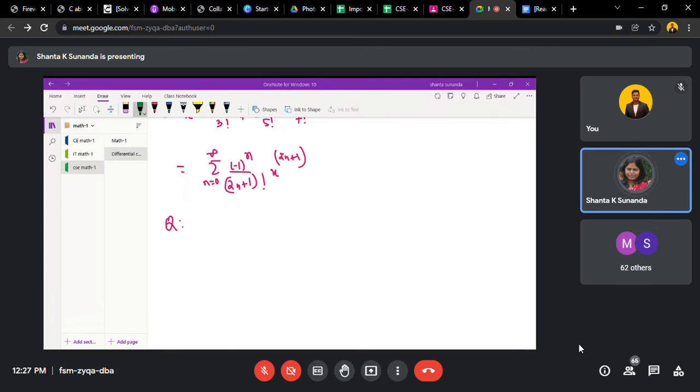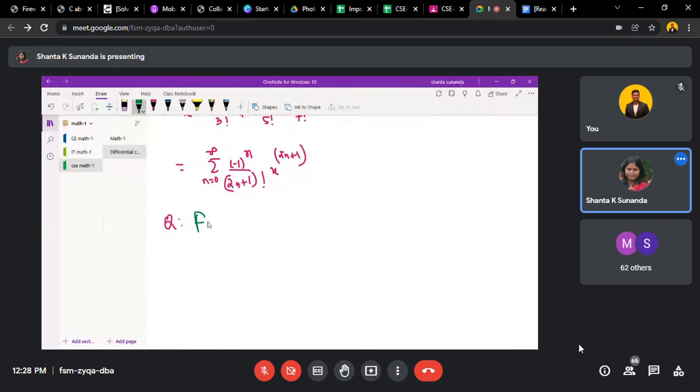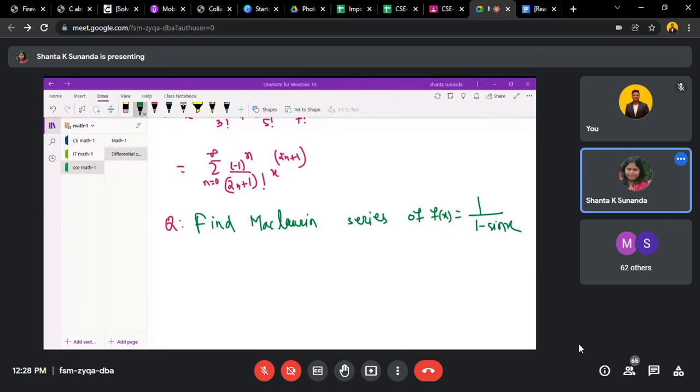Find the Maclaurin series of one upon one minus sin x.